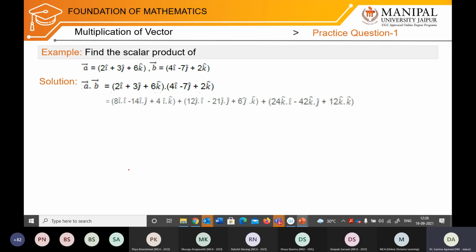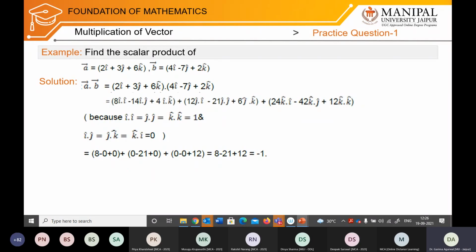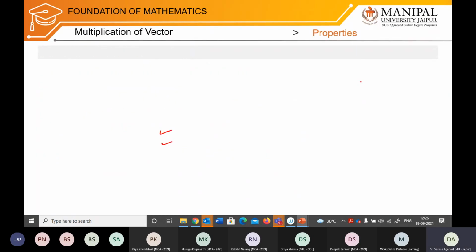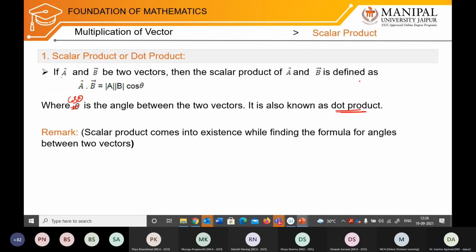Here, in the remarks section, I would like to write i dot i is equal to j dot j is equal to k dot k is equal to 1, right? And i dot j or j dot k or k dot i is 0. This is the property of the dot product, right?